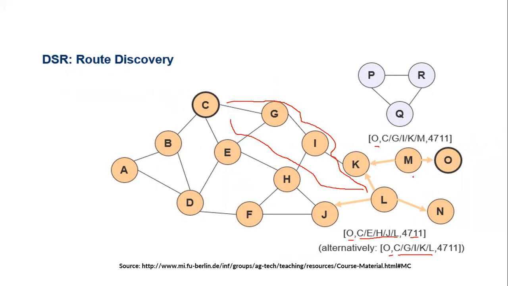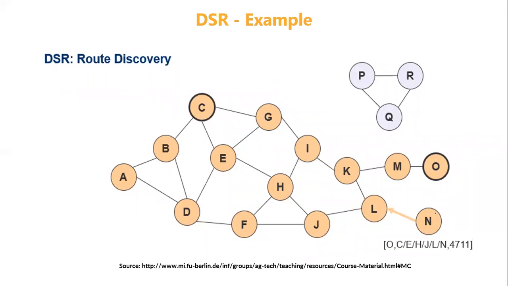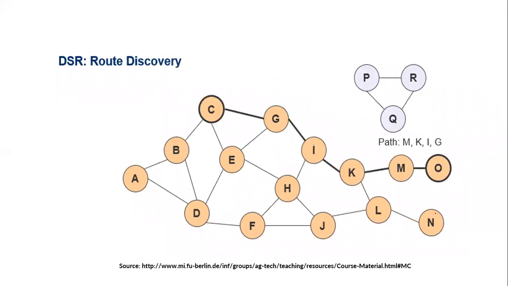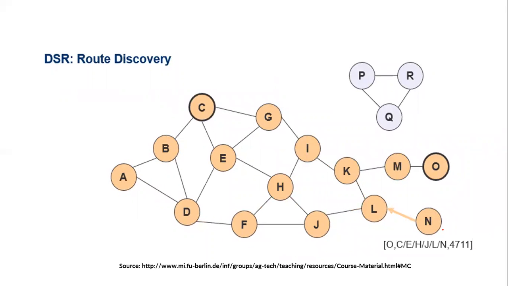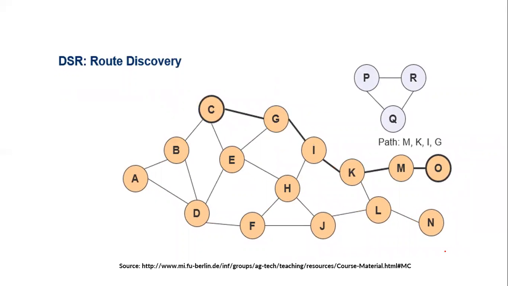Finally, M will send to O and L will send to N. L to N is something like this, C, E, H, J, L, N, and M to O is like this.